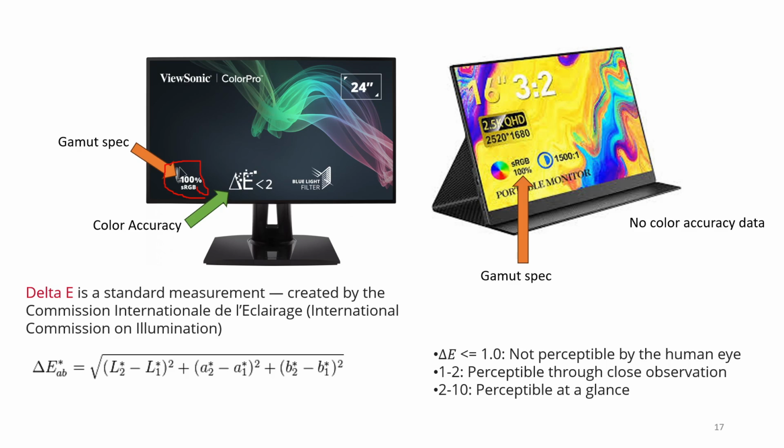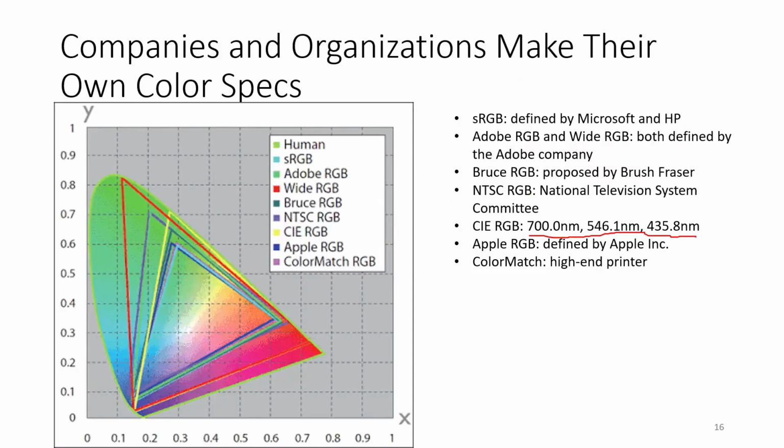And for this one, it means it matches your minimum requirement. It can show certain colors, but there are some high-end monitors that may claim they can show 100% Adobe RGB. Then it means the quality of the monitor is much better than the other one.